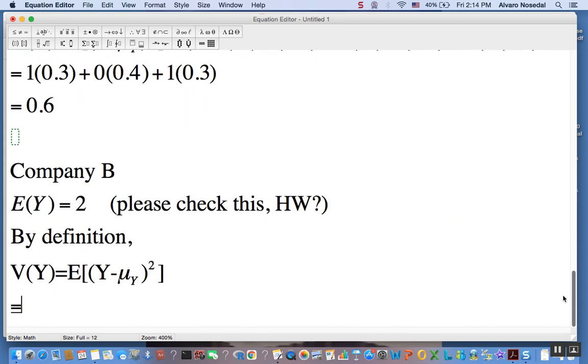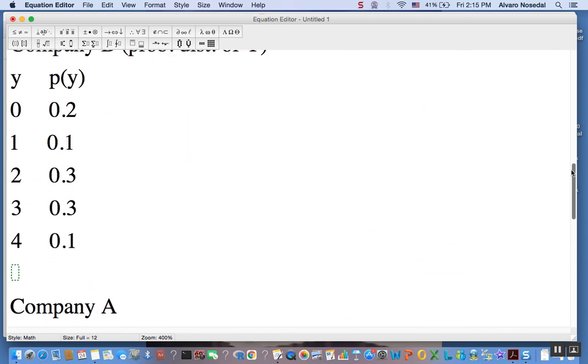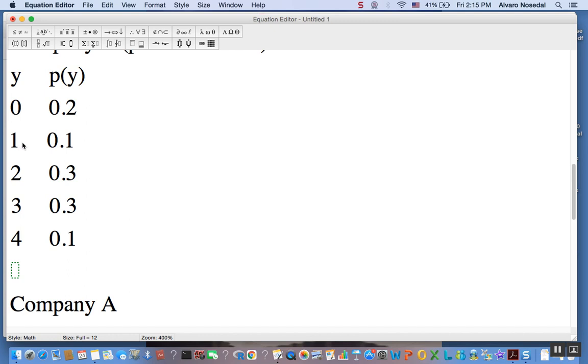So let's do that. First one, 0 minus 2, squared, times the probability of observing that value, 0.2. Next one. The next value would be 1, right? 1 minus the expected value 2, squared, times 0.1.